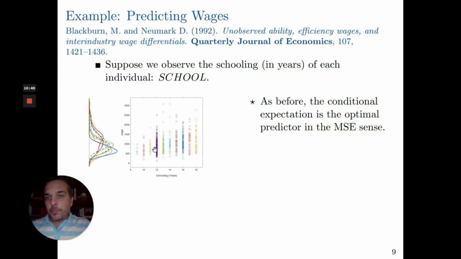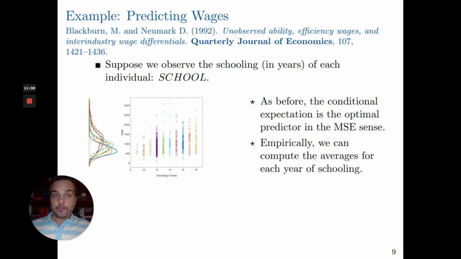So, and you see the samples, different colors indicate the number of individuals in each class. As before, the conditional expectation is the optimal predictor in the MSE sense, if we want to predict wages based on schooling, okay?